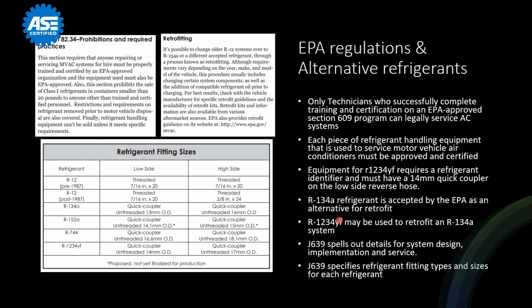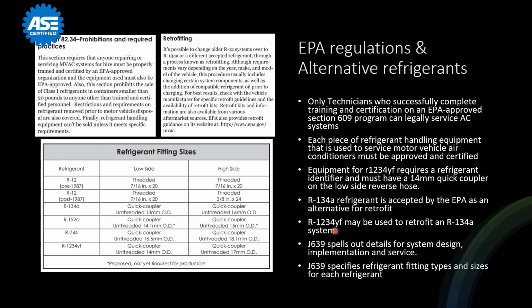Now, you could use R1234YF to retrofit R134A, but you have to understand that the system components are a lot different, and it might not work properly unless you replace all of these system components. So it's very important for you to understand which ones you could retrofit, which ones you can't. And that's something that we rarely do. I don't think you guys are going to be doing much retrofitting, and I don't think I see it in the industry as much.